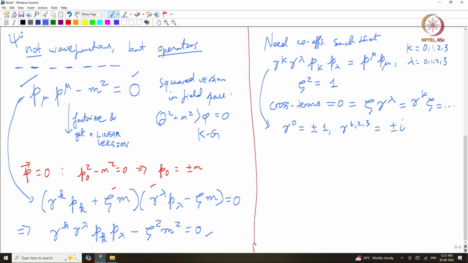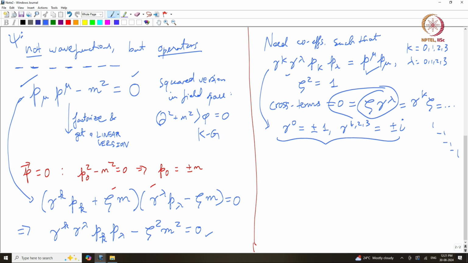Remember, in my metric I use this metric. So, the spatial components pick up a minus 1, so I must have a plus or minus i, so I have a minus 1 out here in front, right. So, this is one solution where I satisfy this condition, but then that does not give me this condition, right.